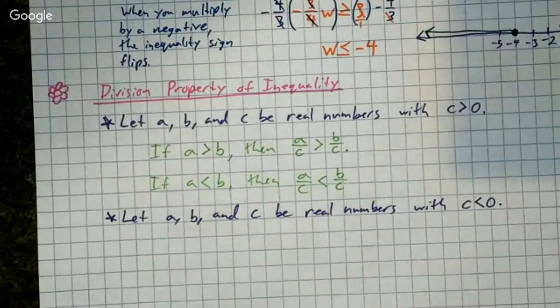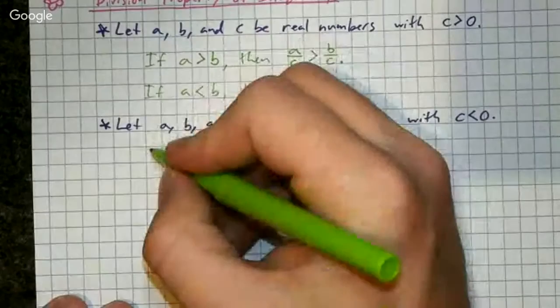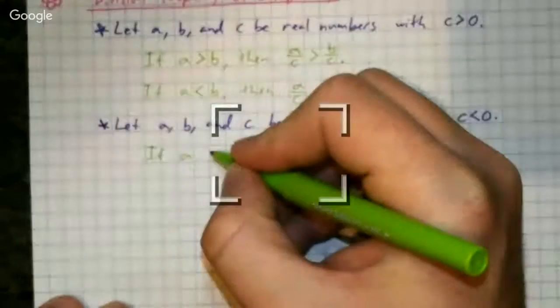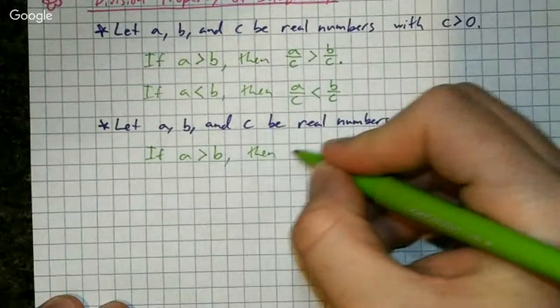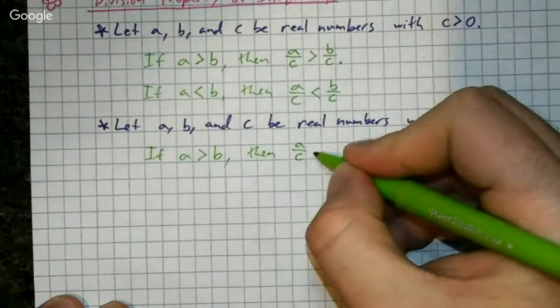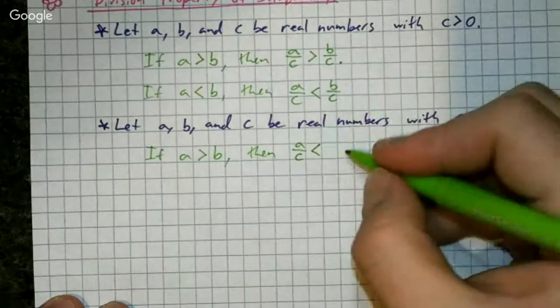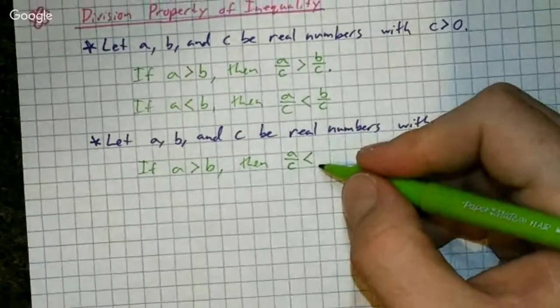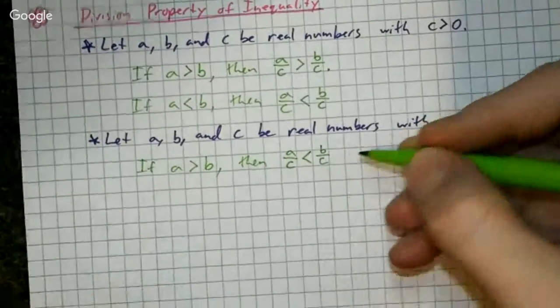In the same way as before, there's going to be some rules that apply. If A is greater than B, then A divided by C is going to be, and we're going to flip the sign, less than B divided by C.